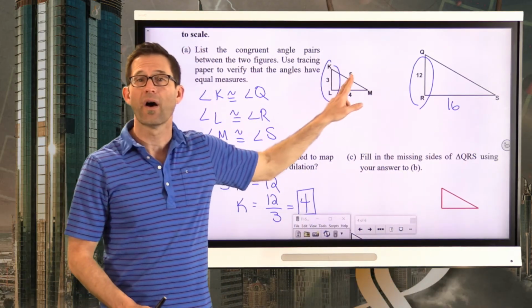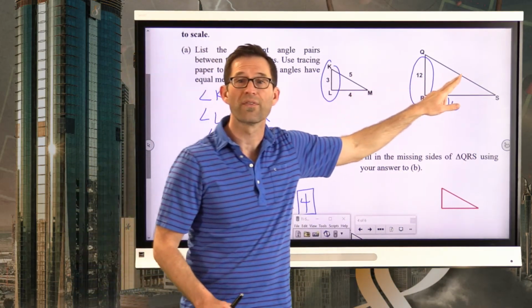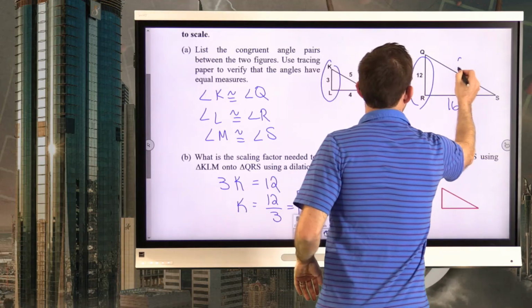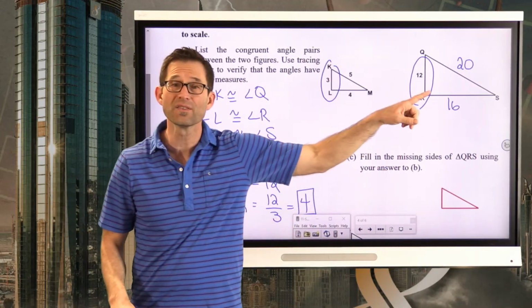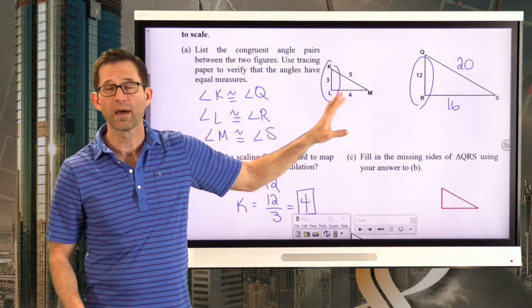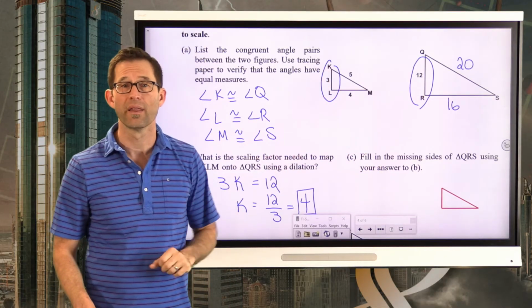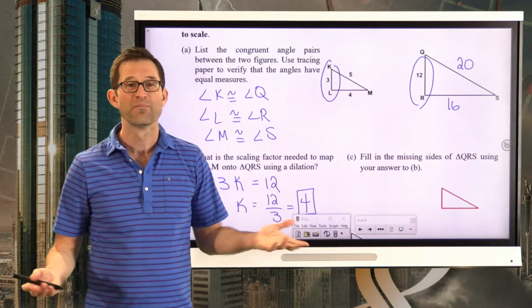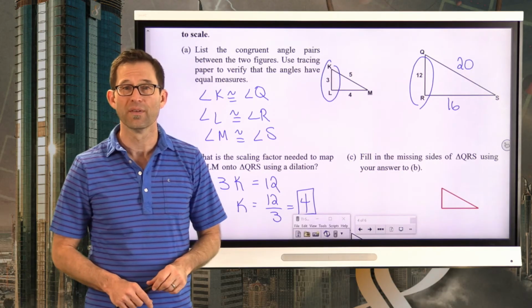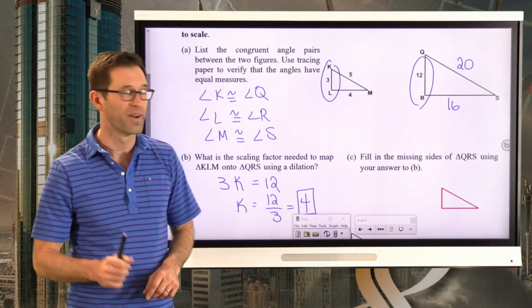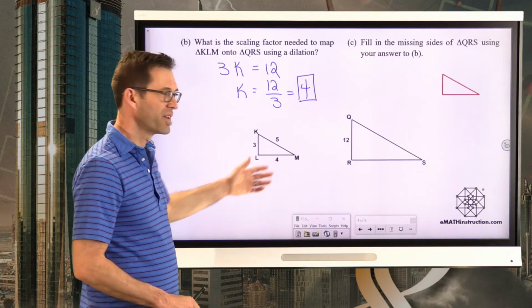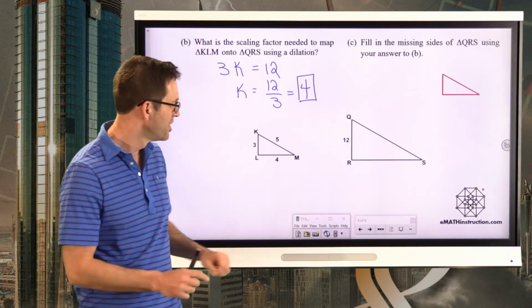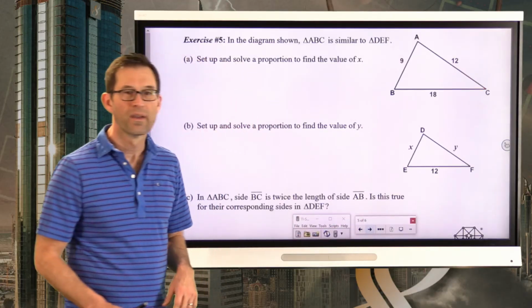Likewise, this side's 5, 4 times 5 will make that side equal to 20. And again, all I'm doing is scaling this triangle so that all side lengths are 4 times the side length of that triangle, but all the angles remain the same. All right, let's keep going on this. Oh, actually, I guess I could have just filled them in right there. Let's keep moving. Here we go.